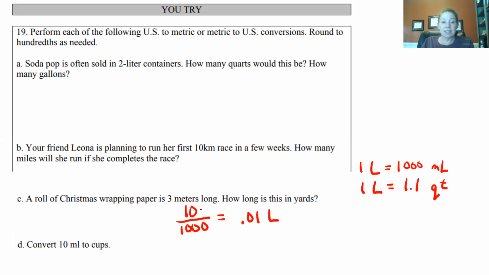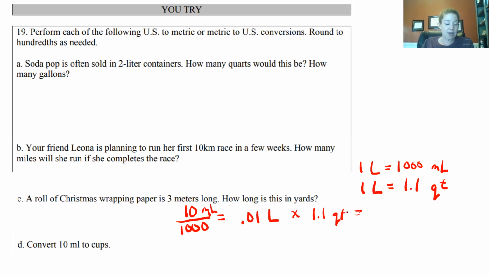So 10 milliliters is the same as 0.01 liters. For every 1 liter, we have 1.1 quarts. We don't have quite 1 liter, but we have 0.01 liters. So we're going to multiply 0.01 times our quart conversion, which is 1.1, to turn it into quarts.